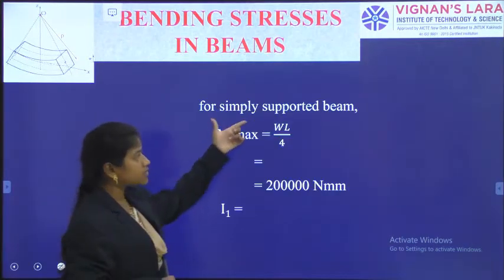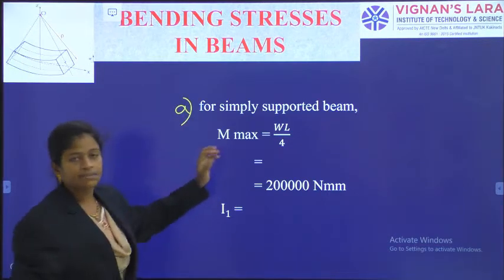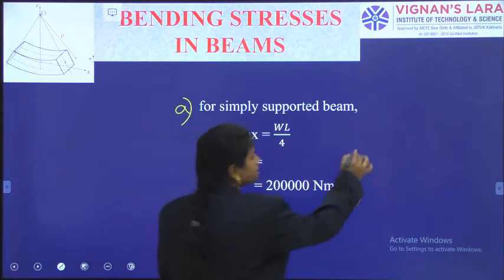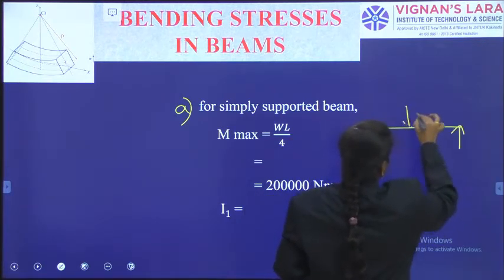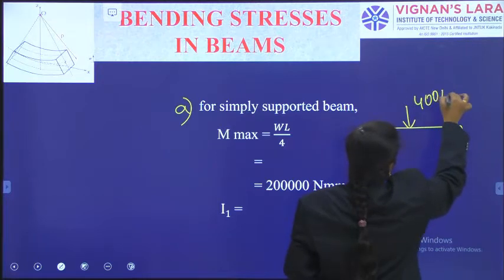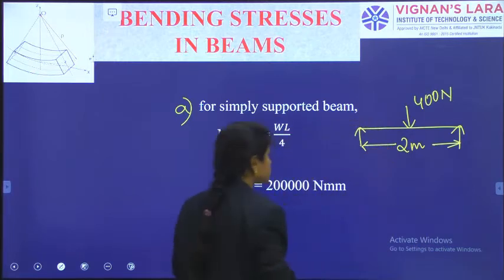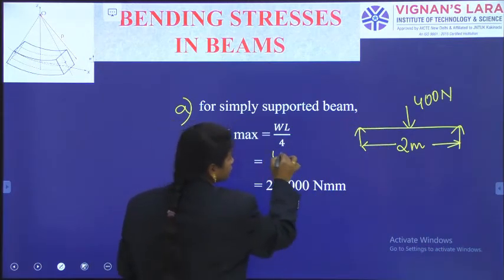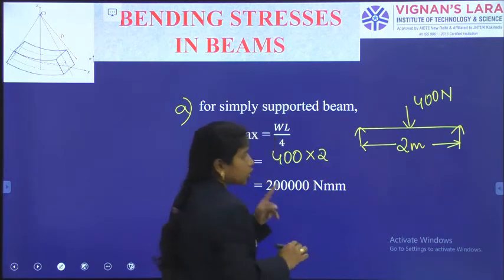As the first case, I am going for the simply supported beam with a point load at the center and having a length of 2 meters. So, we have observed W is 400 newtons and a length of 2 meters.